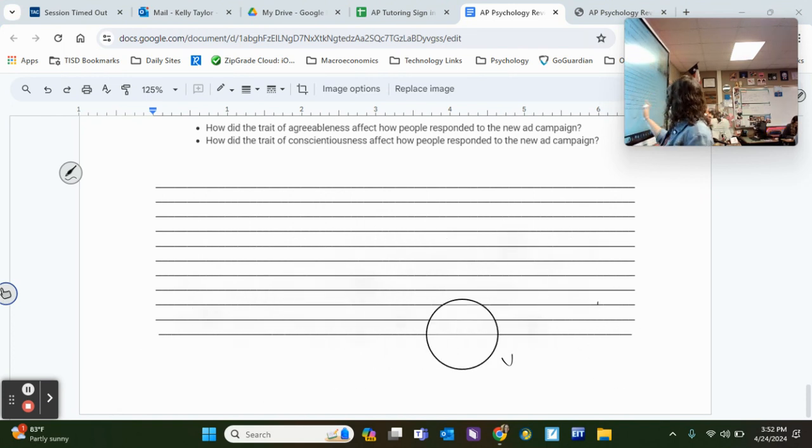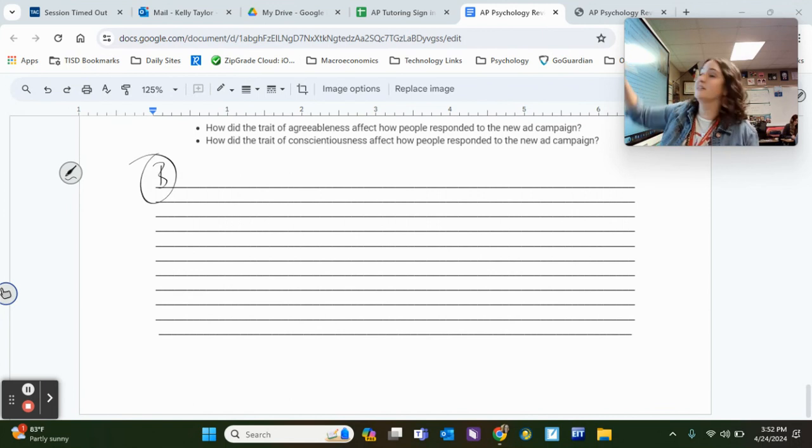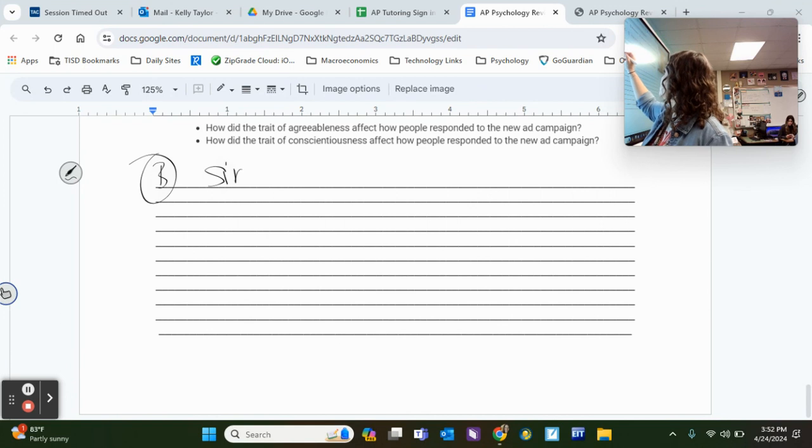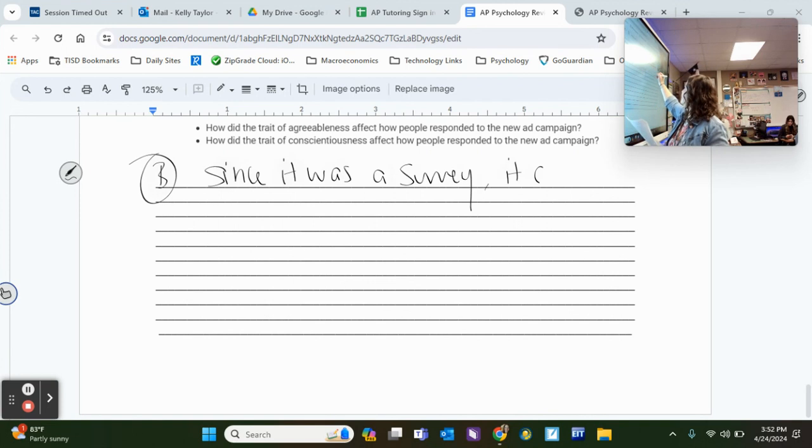Honestly, if you read this really quickly, it would be really easy to get this one wrong. So since it was a survey, it cannot show causation.